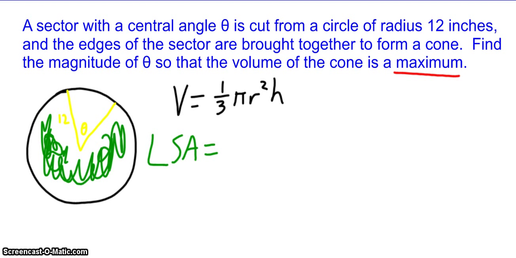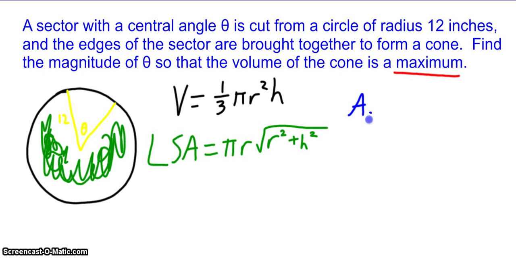So lateral surface area of a cone is pi r times the square root of r squared plus h squared.